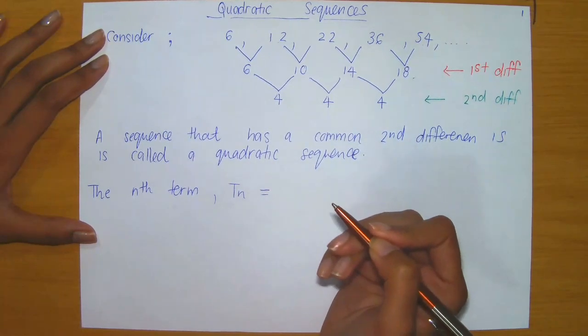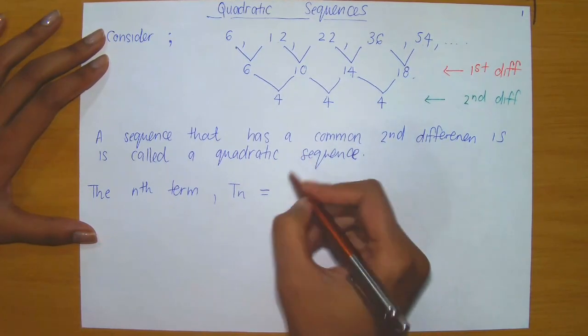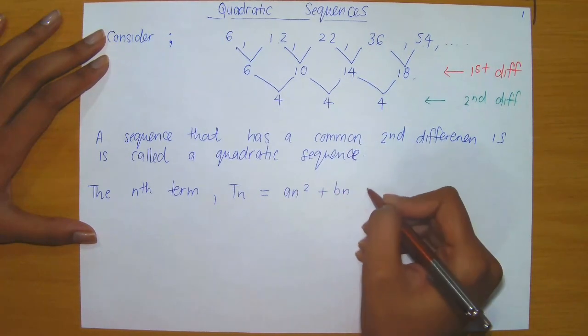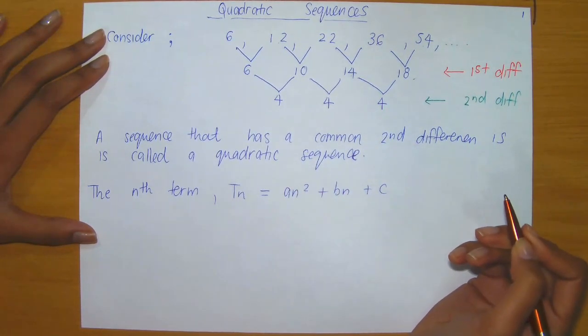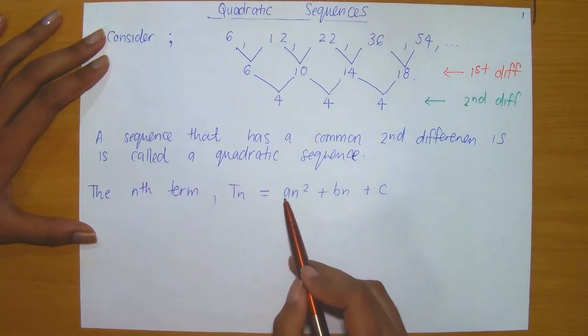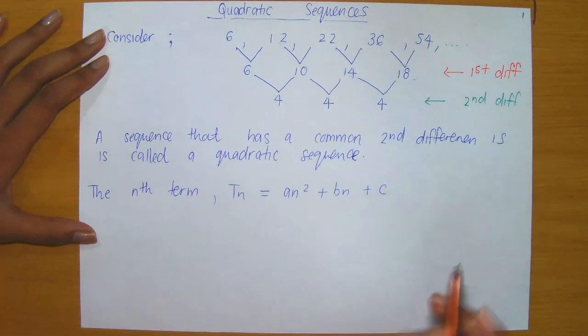So the general formula for the nth term for a quadratic sequence is an squared plus bn plus c, where a, b, and c are constants. But now the question is, how do we solve for a, b, and c?